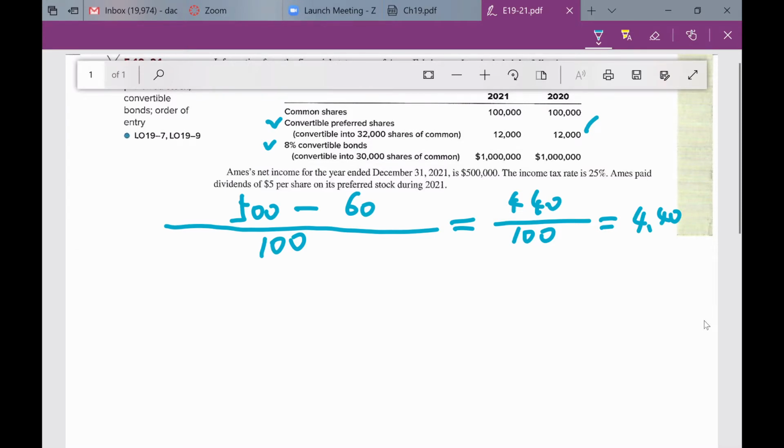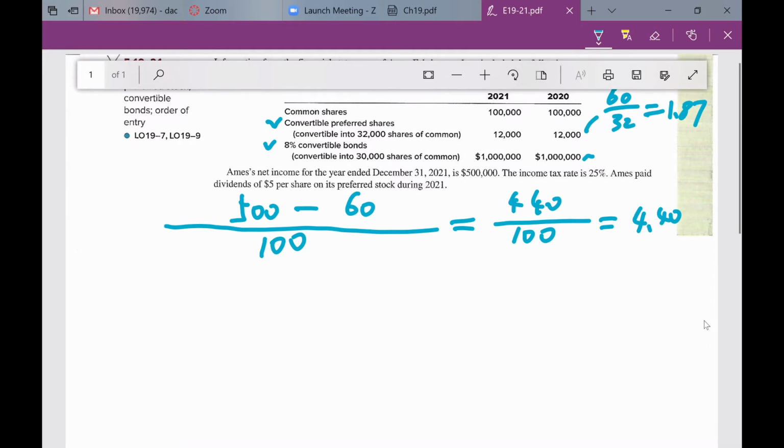Convertible preferred stock: if we convert it, it's going to go to 32 shares, and then we save the dividends of 60. That's called the incremental effect, which gives us $1.87. And for the convertible bonds, what is the incremental effect?